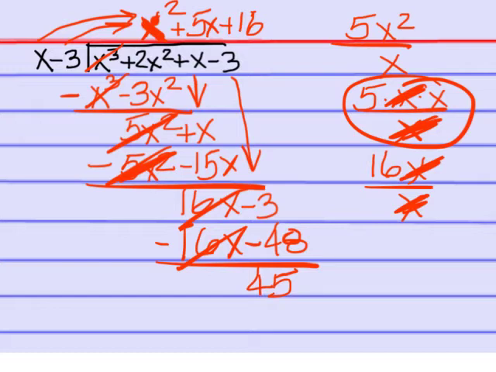Now, like any long division problem, when you have stuff left over, like the 45, that's a remainder. You can write it like this. I might have to insert a page to write this out since I'm out of room. Our final answer up here on the top is what you write.